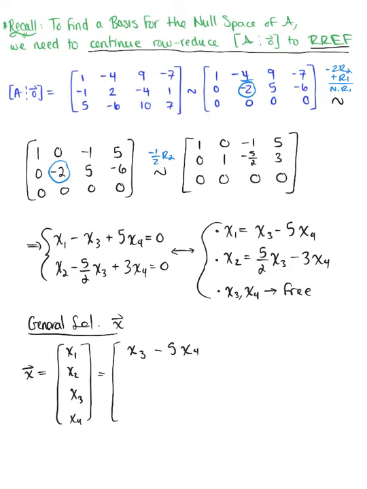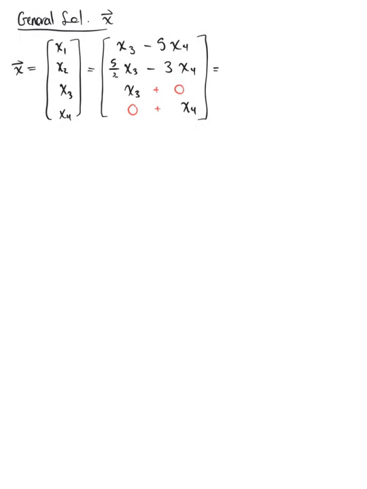We have x sub 2 is defined as 5/2 x sub 3 minus 3 times x sub 4. X sub 3 is free, and x sub 4 is free. So if you see it, by all means, go for it. If not, don't forget you can incorporate zeros into those columns so it makes separation easier. And let's give ourselves plenty of room.